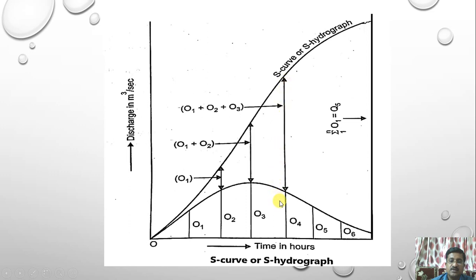Here again you are plotting O1 plus O2 plus O3, addition of this. So the total will be for this 4. So this particular curve you are going to get as an S curve. Please remember that.